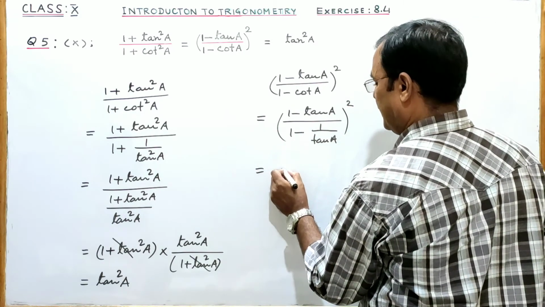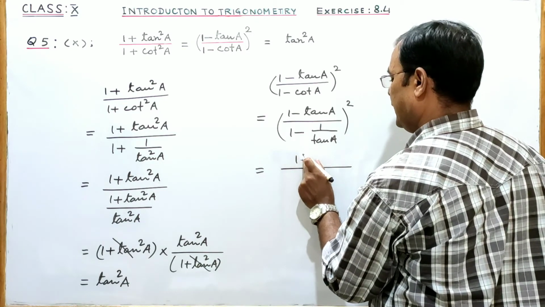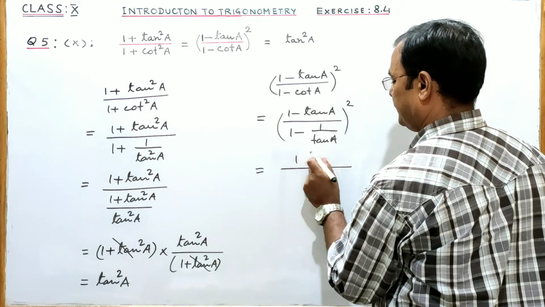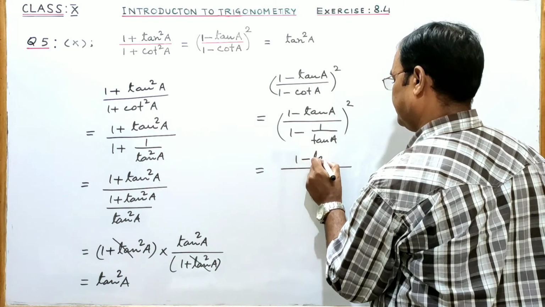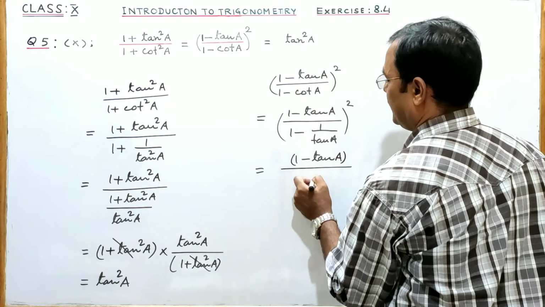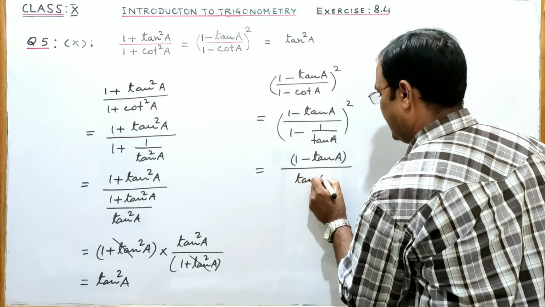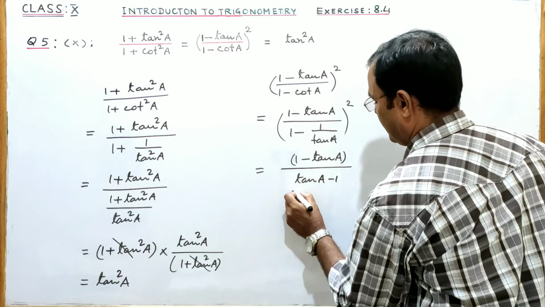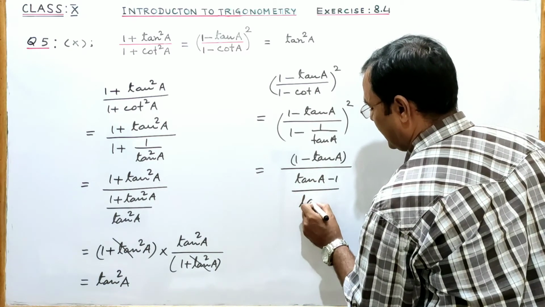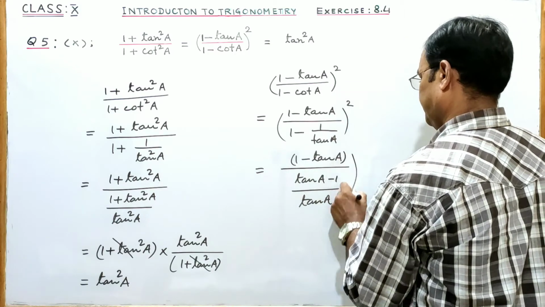Simplify it again. 1 minus tan a divided by tan a minus 1 by tan a whole square.